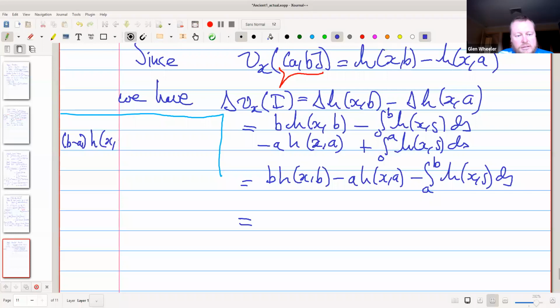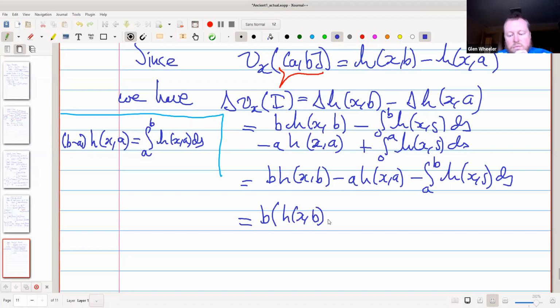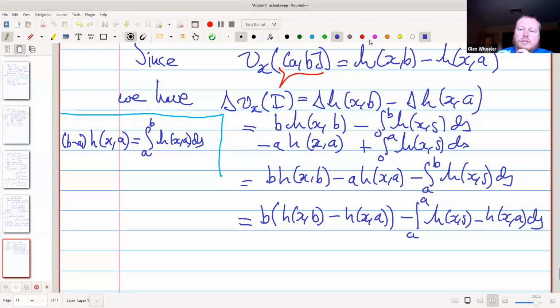All right, this is not hard maths, but anyway, this is integral from a to b of h x a ds, right? We're going to add and subtract that, okay, and then we're going to see if what we've got makes sense. Okay, so first the a h x a term is going to cancel, and you're going to have b times h x b minus h x a, and then here you're going to have minus integral a to b h x s minus h x a ds.